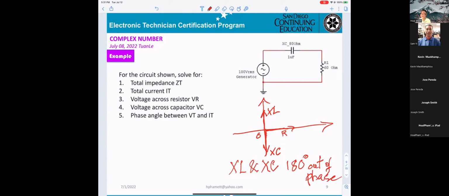All the time, XL will go up and XC will go down. Okay.